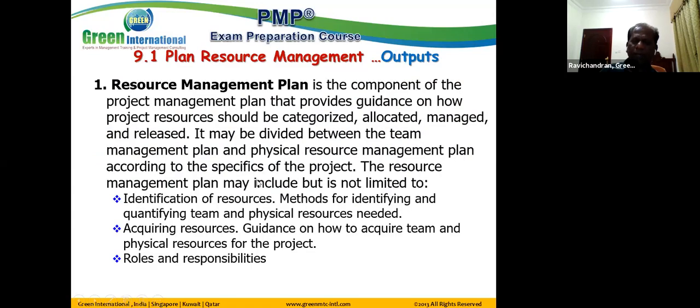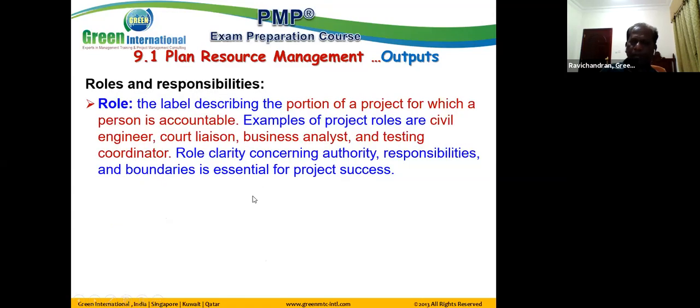But when I talk about the role, it means the label describing the portion of a project the person is accountable for. Example, civil engineer, that is his role, or business analyst, or testing coordinator. Role clarity concerning their authority, responsibilities, and boundaries is essential for the project success.